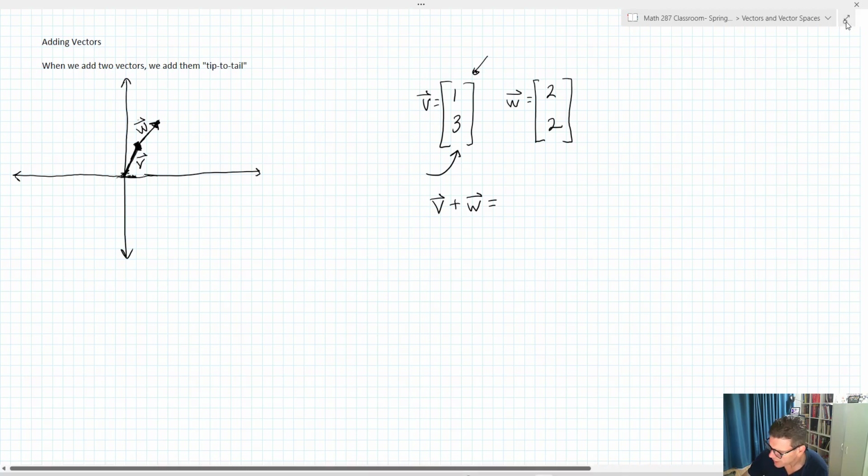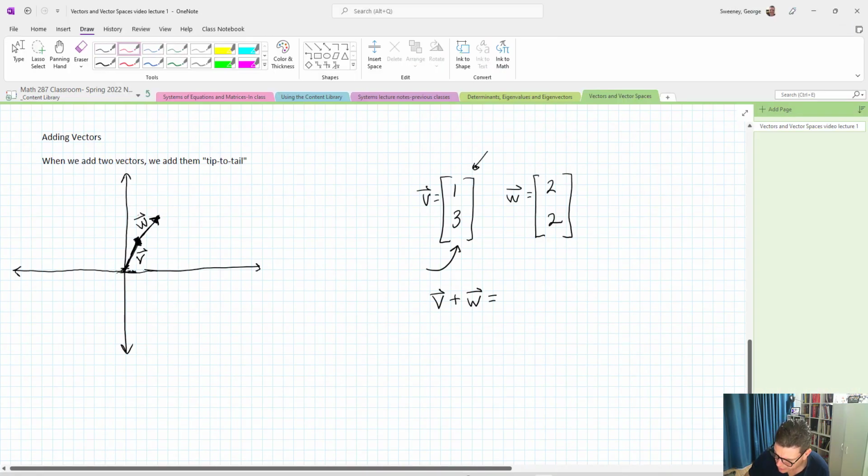The resulting vector is this vector right here, okay? That vector. And if we look, we can see that it is 1, 2, 3 in the x direction, and 1, 2, 3, 4, 5 in the y direction. So it ends up equaling (3, 5).